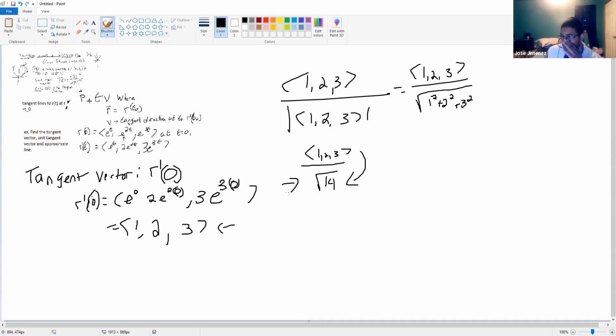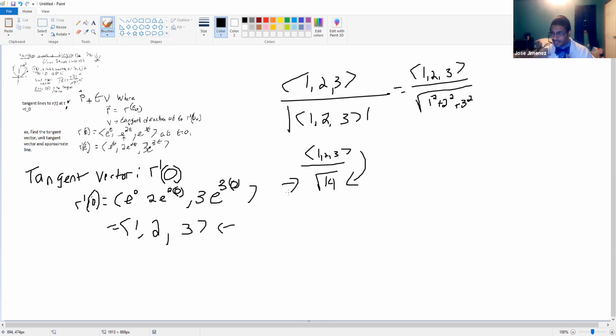Unless I'm going crazy, it could have been another class. Remember, like I said, Pearson is very, very finicky. It wants a specific answer. If this was WebAssign, it would have been even more specific and more yucky. All right, so that's how we find the tangent vector and the unit tangent.